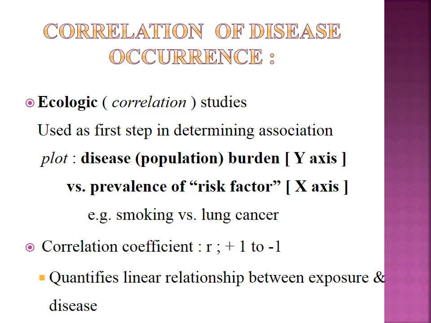For example, we can plot smoking and lung cancer. If we find a correlation coefficient of +1, then there is absolute correlation. If it's 0, then there is no relation. So it quantifies the linear relationship between exposure and disease.